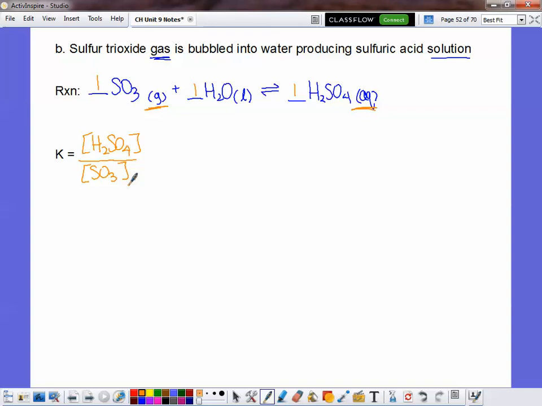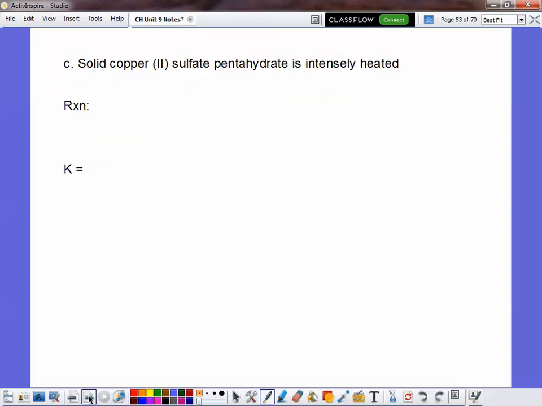All right. Last example, and then we'll get into plugging in numbers. Solid copper 2 sulfate pentahydrate is intensely heated. You may recall doing this back in Unit 6 when we did that hydrate lab, where we took the blue crystal and we put it in an evaporating dish and then we heated it, and then it turned white because we were driving off the water.